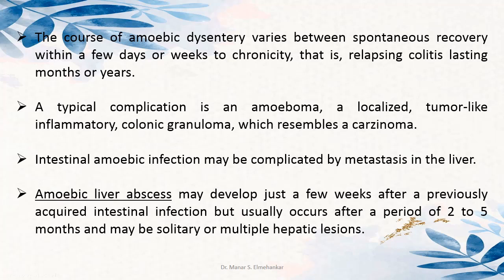An amoebic liver abscess may develop just a few weeks after a previously acquired intestinal infection, but it usually occurs after a period of 2 to 5 months, and there may be solitary or multiple hepatic lesions.